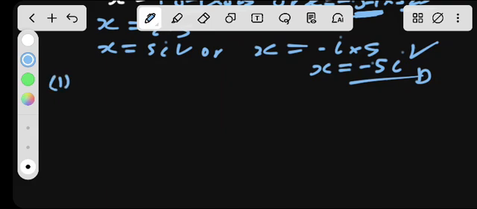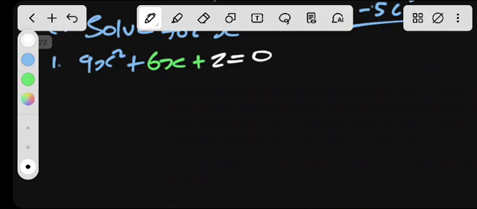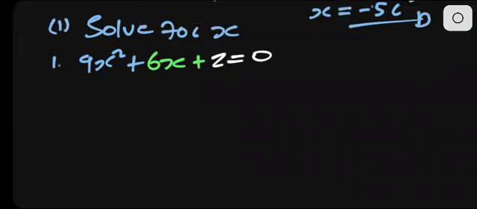You can say solve for x, given that, for example, 9x squared plus 6x plus 2 must be equal to 0. It can give you this, then say solve for x. All right, you'll apply your quadratic formula.